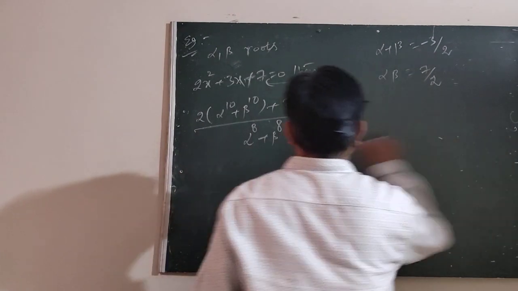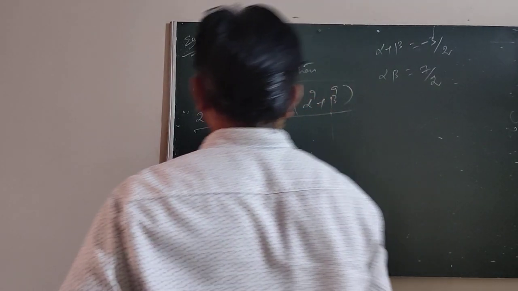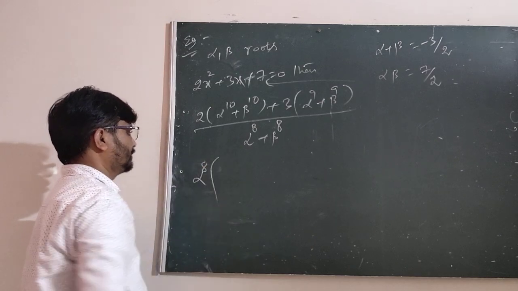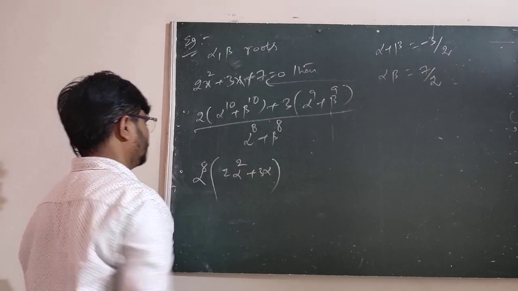Now another method: taking alpha power 8 common, we get 2 into alpha square plus 3 alpha.